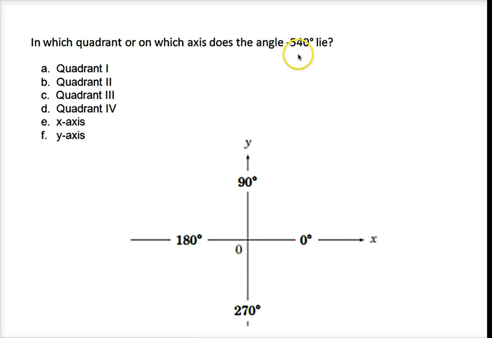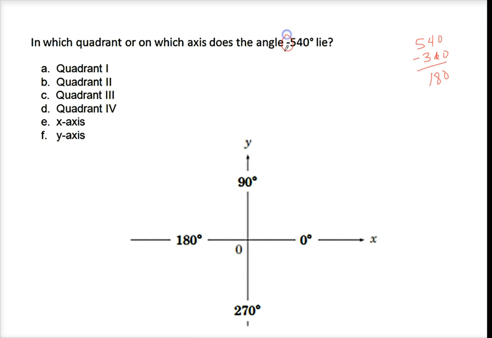Here is negative 540 degrees. Where would that be located? Well, this one opens down, and we also notice that it's more than 360. So again, what I'm going to do is just take the positive 540, subtract a full circle from it, and what this tells me is how many full circles I make. Okay, and I get 180 left over.